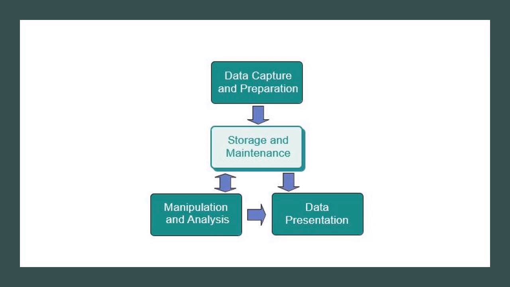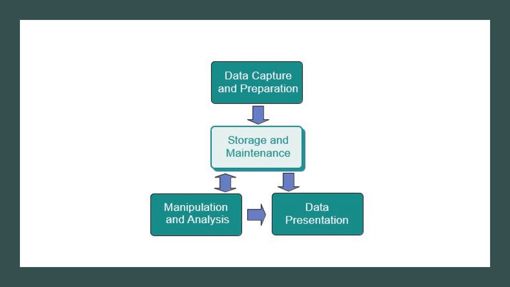This can be very much clear if I give you an example. Just imagine I want to calculate the forest area by counting the number of trees. So first I perform the data capture and preparation step, then store the data in the DBMS. Now I have two options.